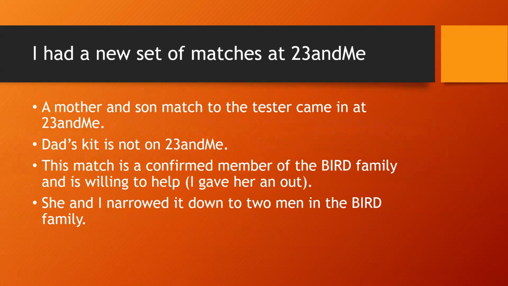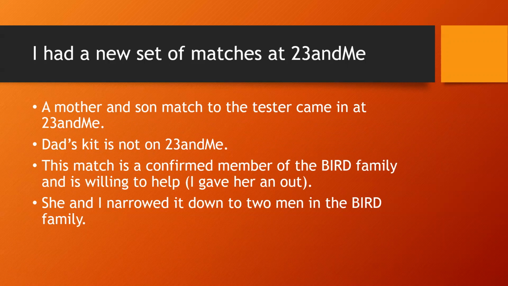Now when I say I gave her an out, I really did give her an out. In my correspondence with her, I said, look, I'm working on this mystery. I'm not sure what's going on. I think there's a misattributed parentage. I don't know which side of the family it's on. I don't know a whole lot. I've built a lot of trees. I have some thoughts. I said, do you want to know?